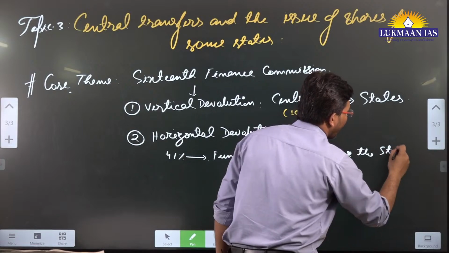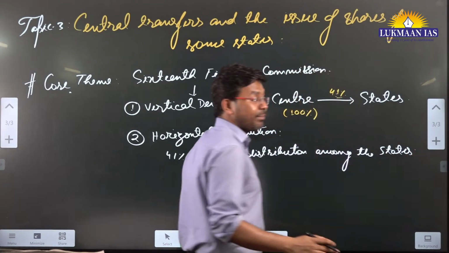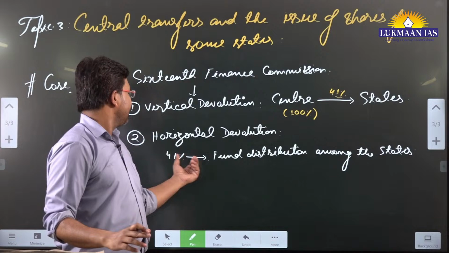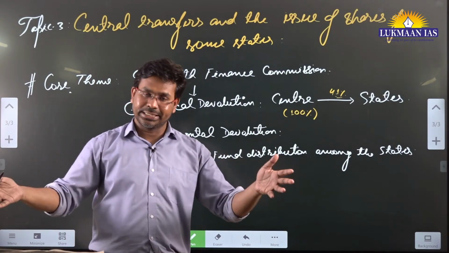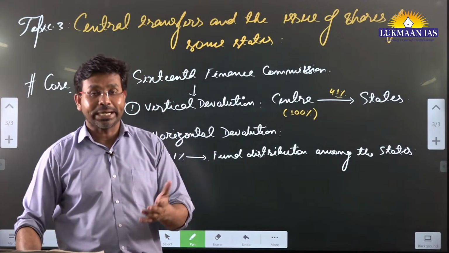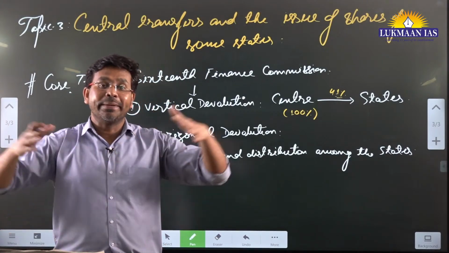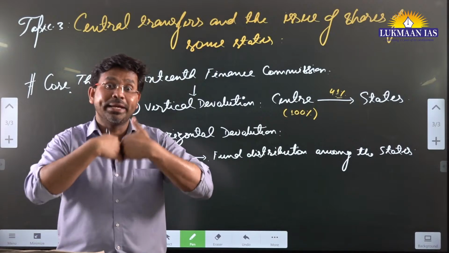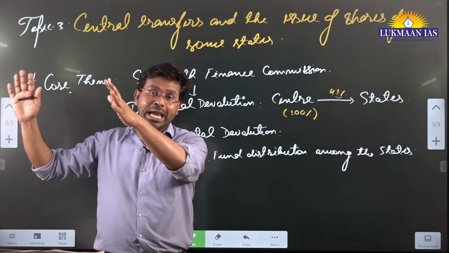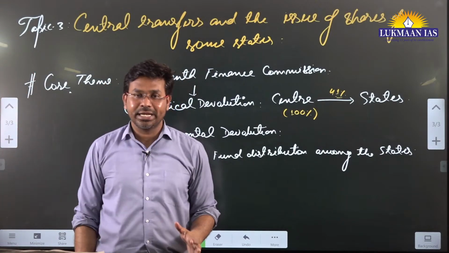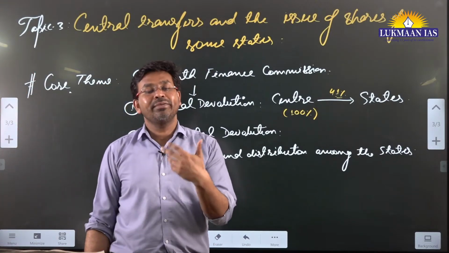All states do not receive the money equally. Whatever the fund is, it is not distributed equally among all the states. Why? Because there are multiple factors. Some states are big, some states have a large population, some states have highly forested areas, and forested areas play a very important role.